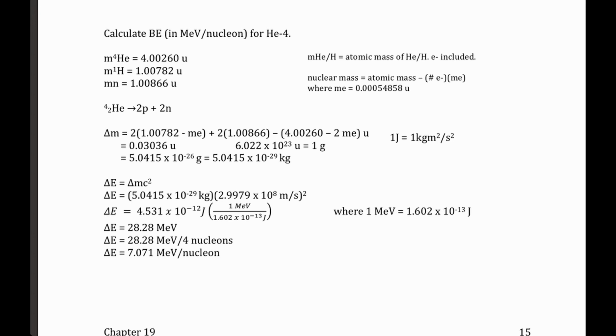We're also given the mass of a single neutron alone, which has the value 1.00866 U. Over to the right of those masses, we're told that in this problem the mass of the helium is the atomic mass of helium, electrons included, and the mass of the hydrogen is the atomic mass of hydrogen, electrons included.